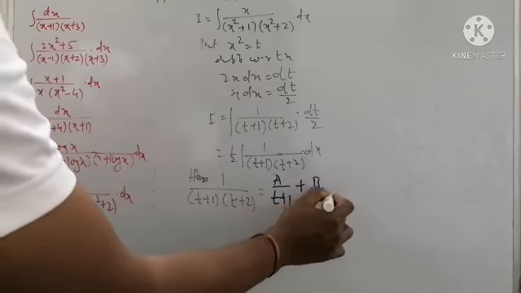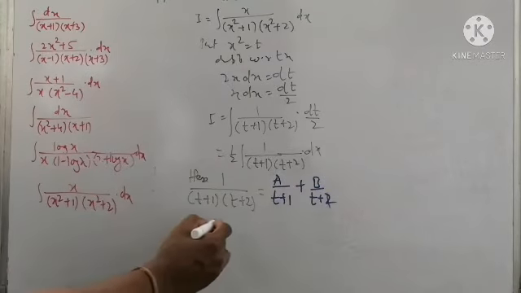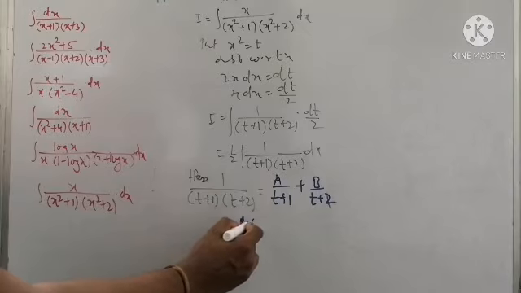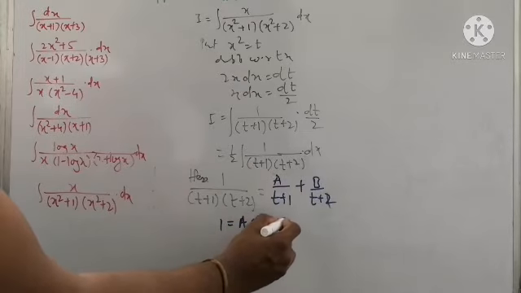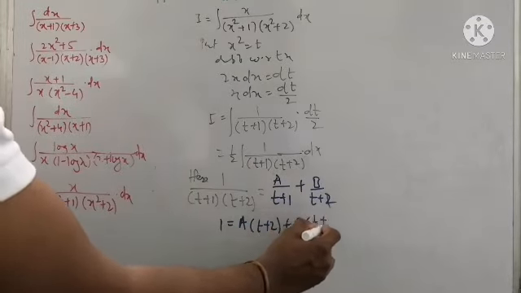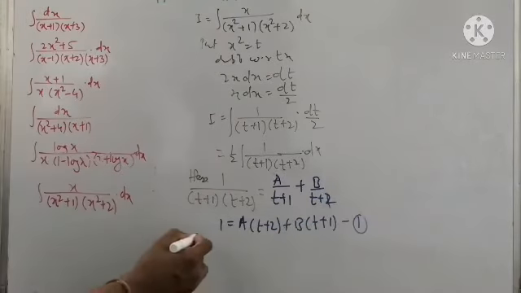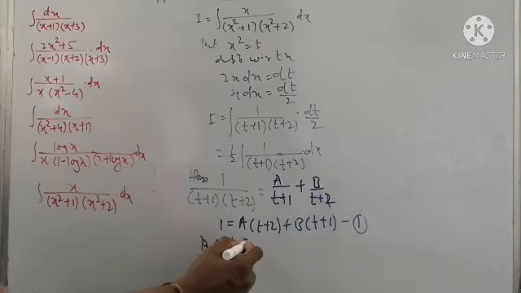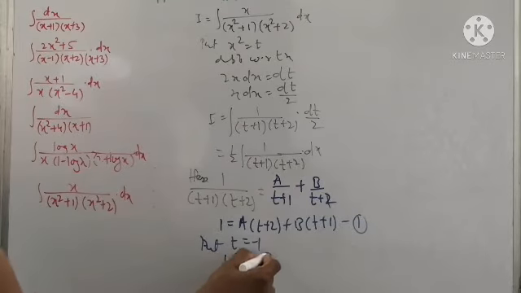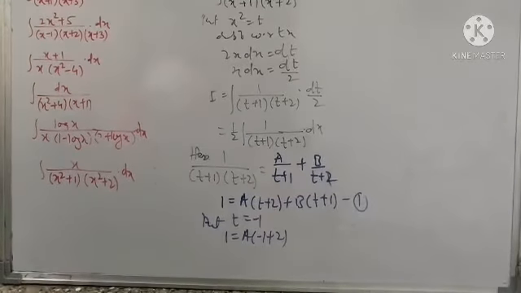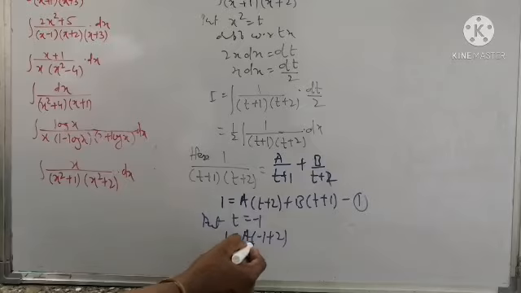Now multiplying both sides by the denominator of the left hand side, we get the equation 1 is equal to A into bracket t plus 2 plus B into bracket t plus 1. By putting the value of t equal to minus 1 first, as the term of B becomes 0, 1 is equal to A into bracket minus 1 plus 2, that is 1 is equal to A, or A is equal to 1.